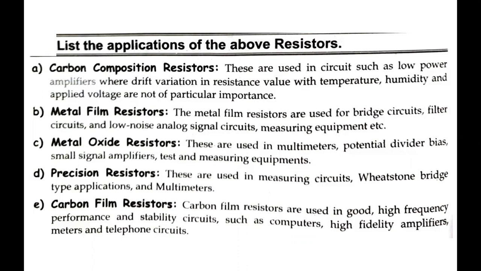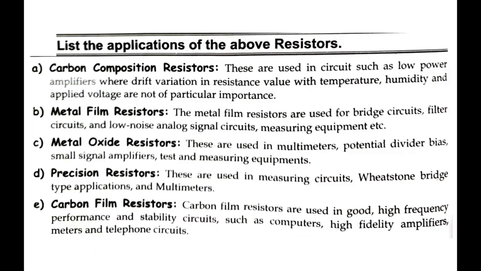Filter circuits filter unwanted frequency components and allow desired frequency components. So metal film resistors are used in bridge circuits, filter circuits, low noise analog signal circuits, measuring equipment, etc.